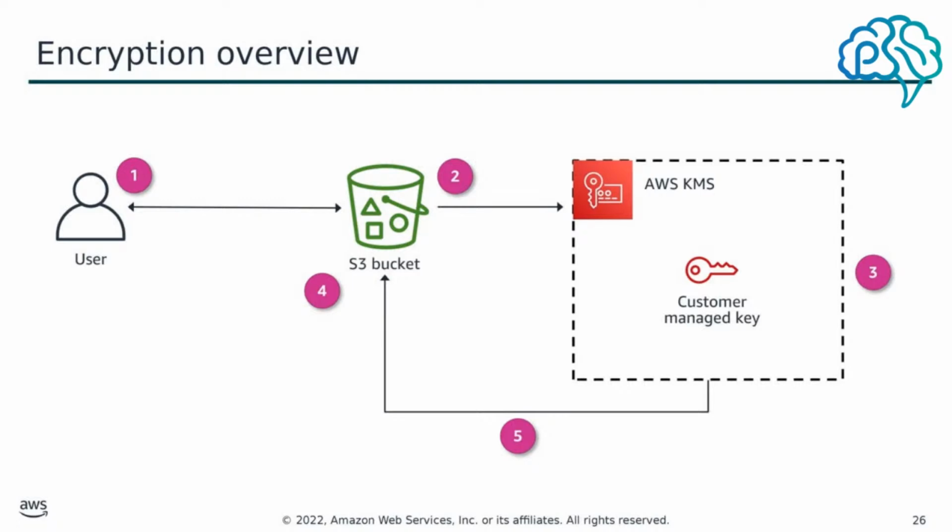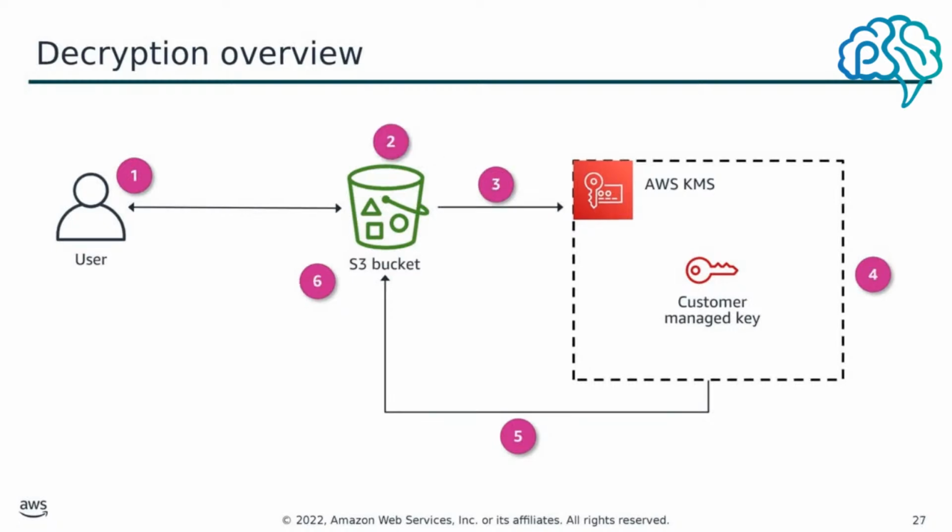And then KMS would provide a plaintext data key and encrypt the data by using the customer managed key. And then KMS would then send a copy of the data to S3, and then Amazon would encrypt that object by using the plaintext data, storing the object, and then deleting the plaintext data key. And so this is all done for you automatically, which is great.